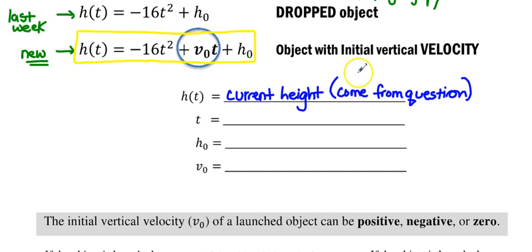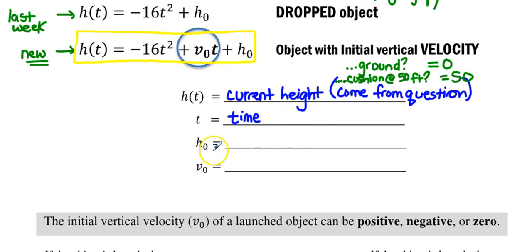So remember, if it said ground, that equaled 0, or if it was like a cushion at 50 feet, that would equal 50. We would set it equal to 50. So h of t always comes from the question being asked. T is still time.